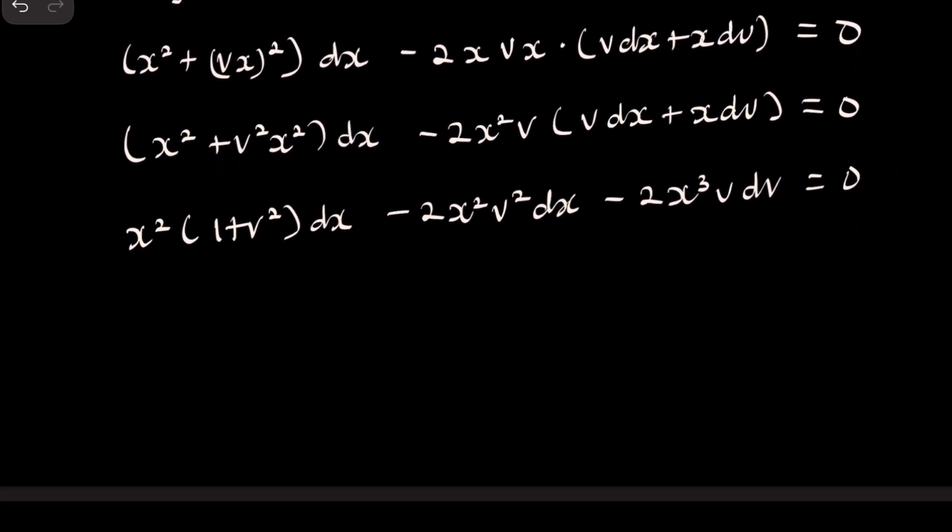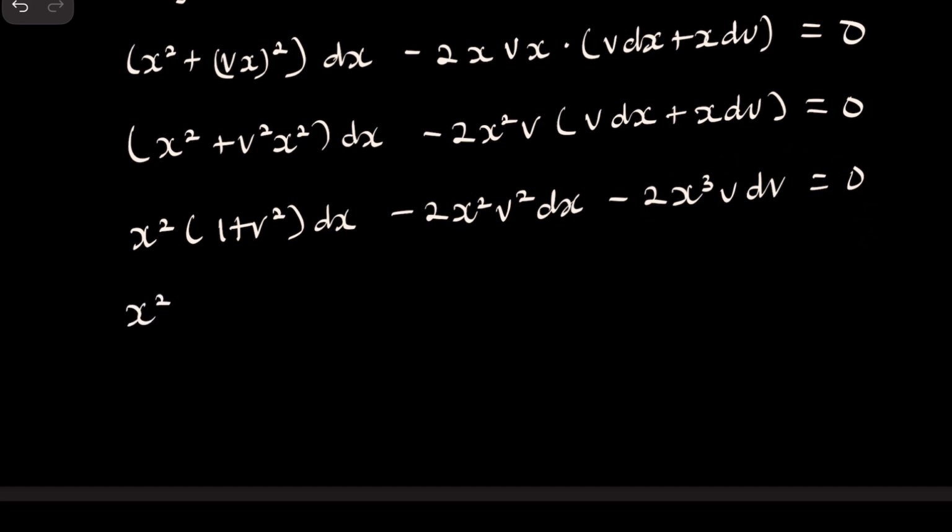We now group like terms, all those terms with x and all those terms with v. We factor x² from the dx terms, and we move the dv term to the right hand side.